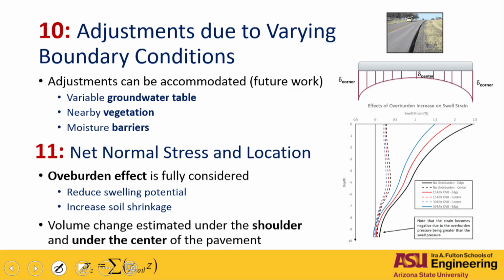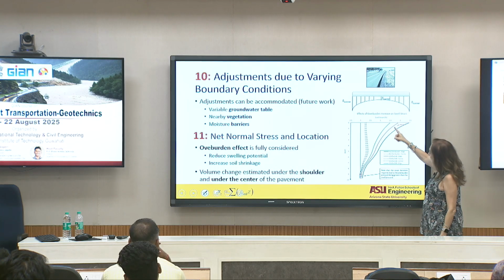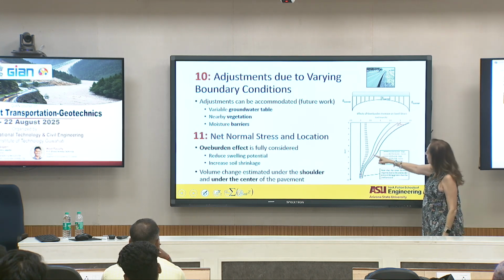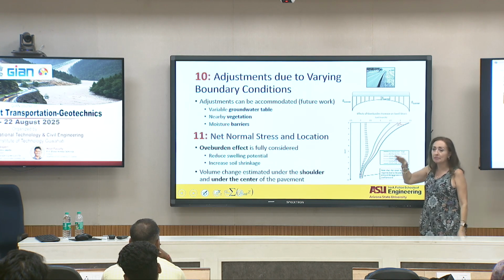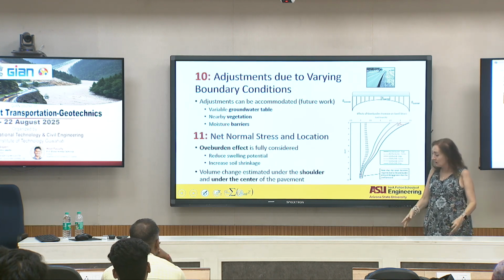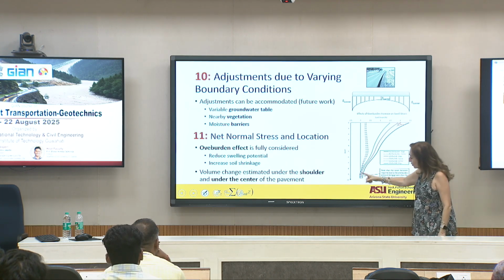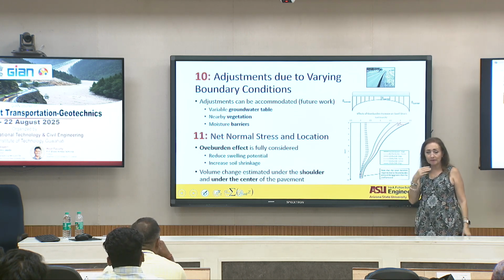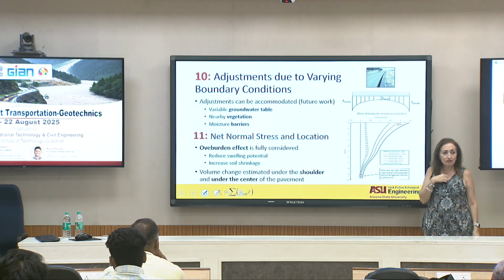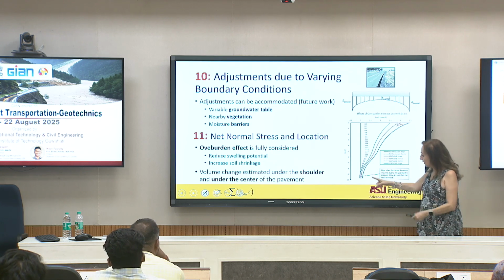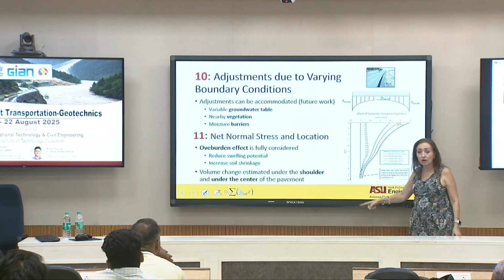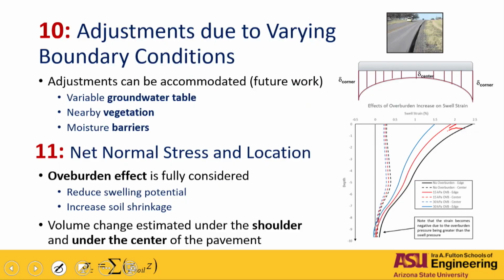But as you have overburden, that is going to start lowering here and lowering here, and now the swelling strain is going to be lower and lower. As a matter of fact, if you go to a certain depth, this kind of model will tell you that soil that used to be expansive above can collapse when you are down.